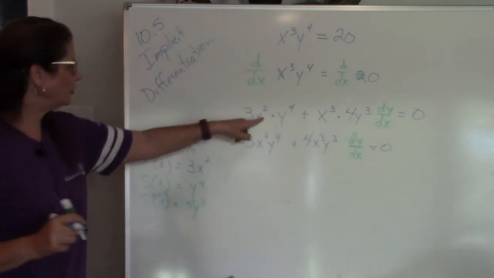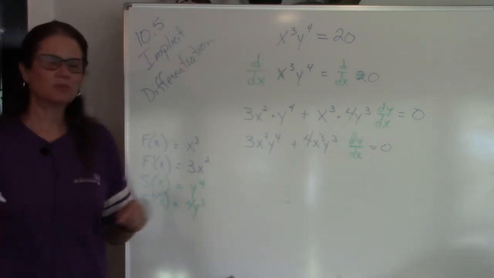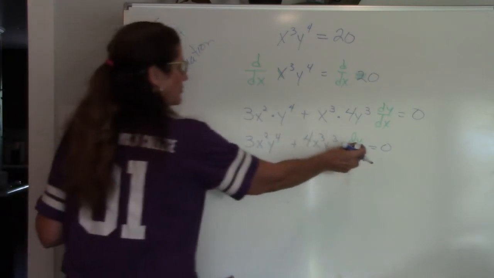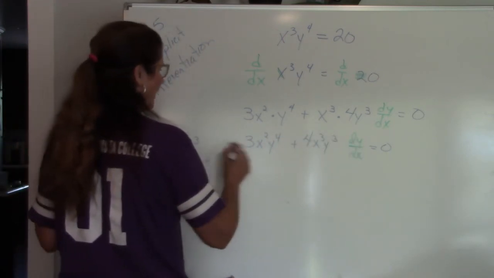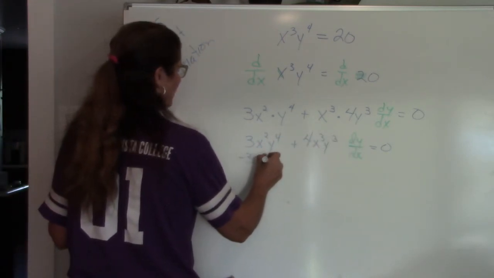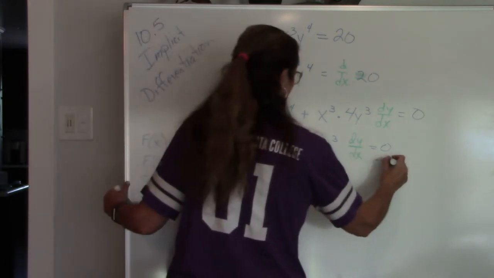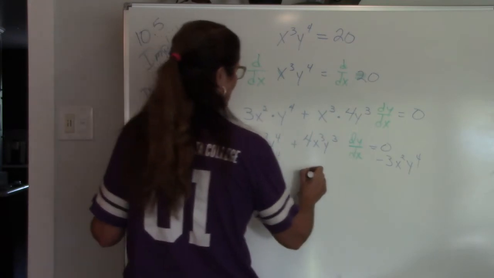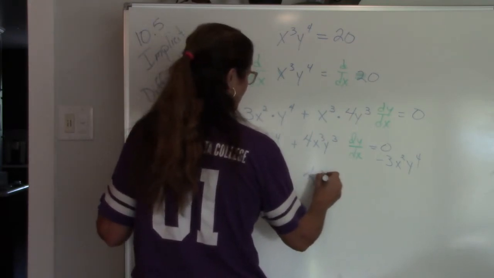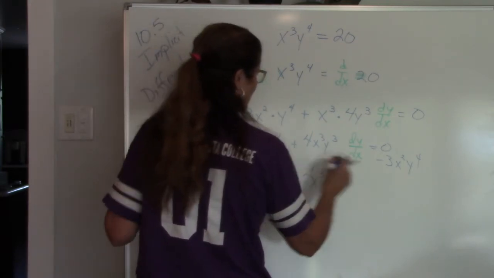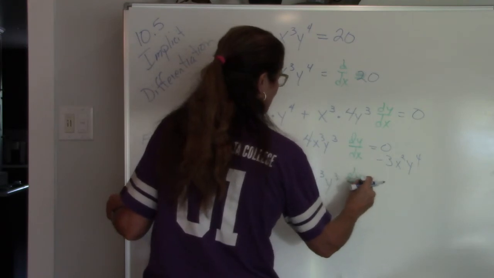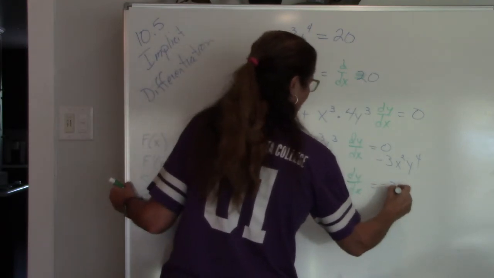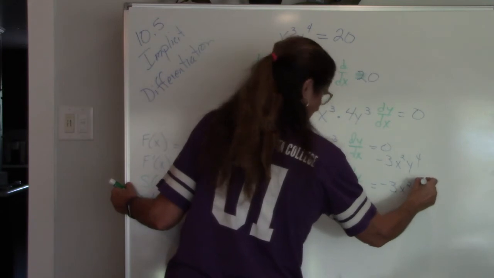And all I did is I took the multiplication sign out. It just makes it cleaner. So now I'm going to solve for dy dx. That means I have to move my 3x squared y to the fourth over. So I end up with 4x cubed y cubed dy dx equals a negative 3x squared y to the fourth.